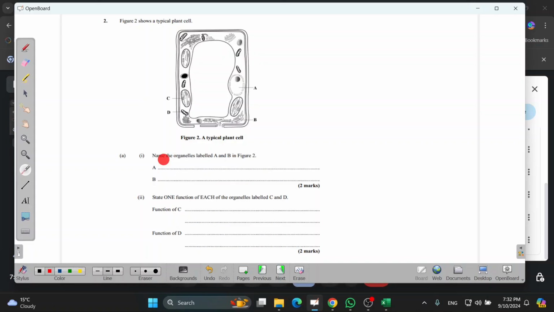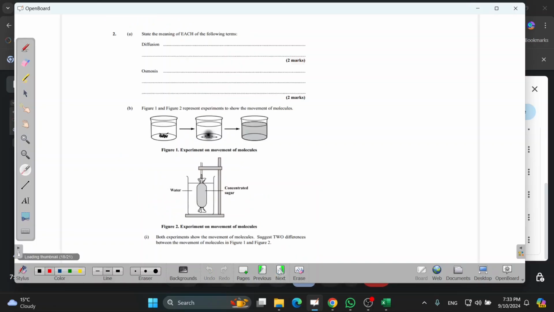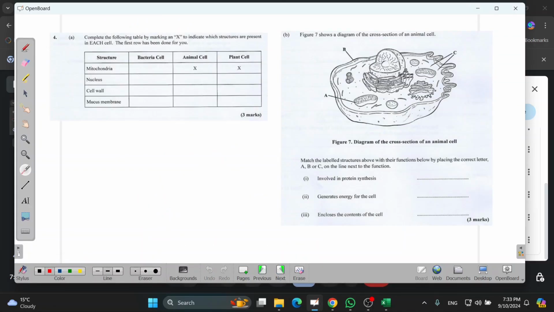Like here it says, name the organelles labeled A and B. So you need to know what this is, what this labeled C is, and what this part here labeled D is. If I ask you right now, you will probably not know, right? For this other question here, look at this one. This is an animal cell.